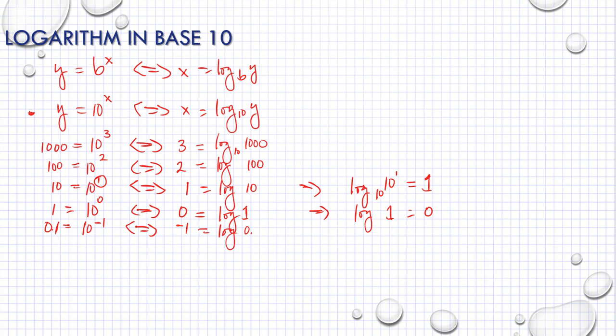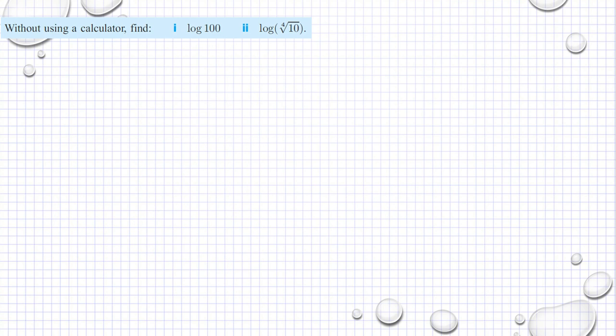As you can see now, 0.01 will be 10 raised to negative 2 if and only if negative 2 is equal to the logarithm of 0.01, and so on.